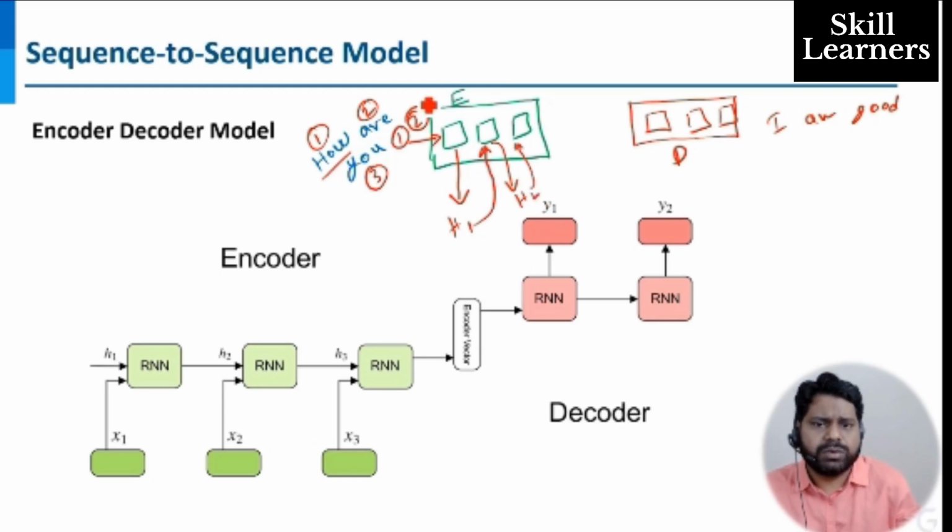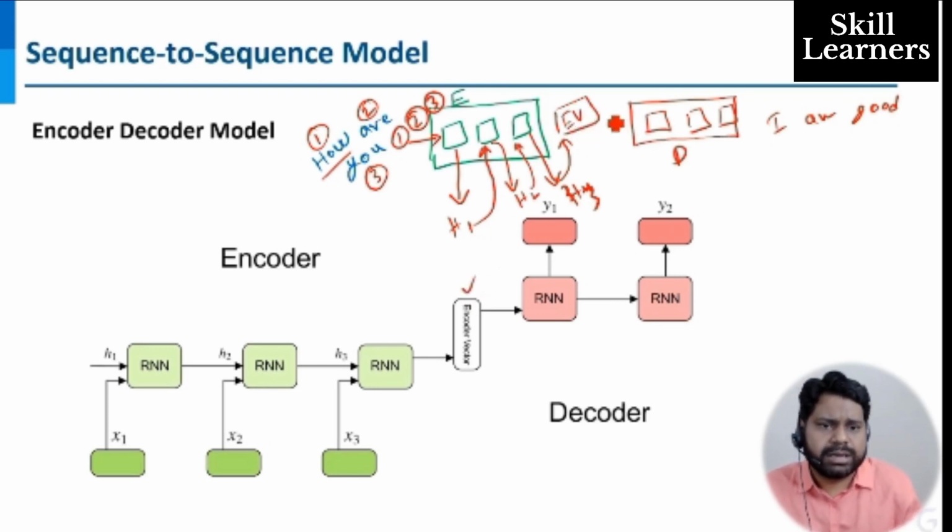Then this h2 will go, and then 3 will go, and this will generate h3. This h3 will be your context vector, or we can say encoder vector, as shown here, and this will go to the decoder.